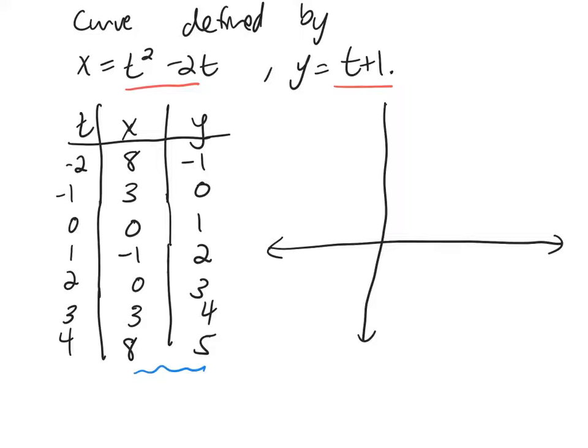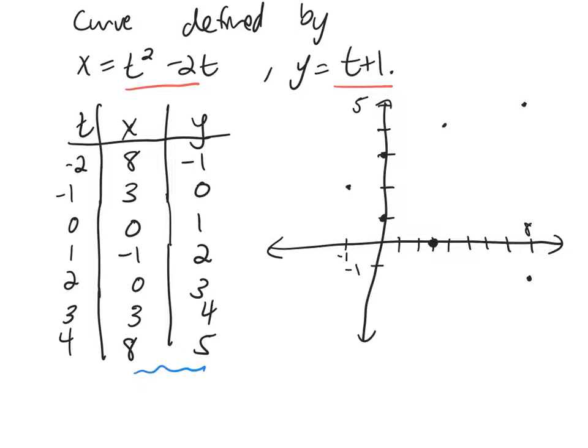So let's see, the first point is 8, -1, then 3, 0, 0, 1, -1, 2, 0, 3, 3, 4, and 8, 5.